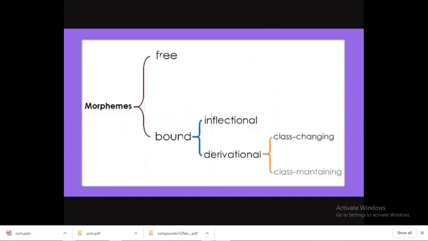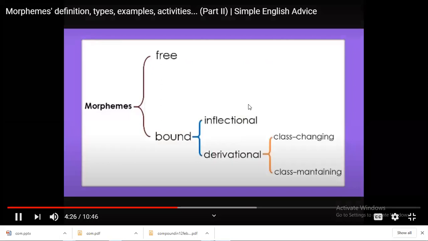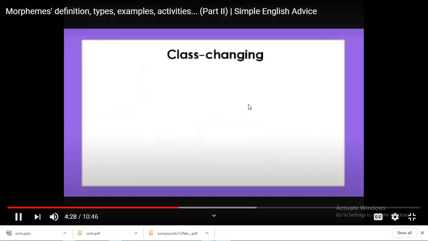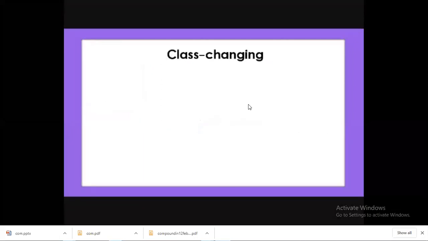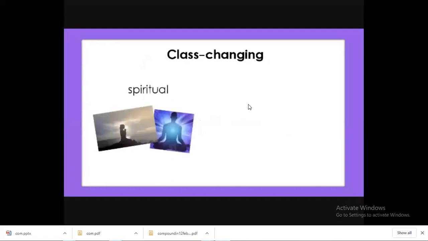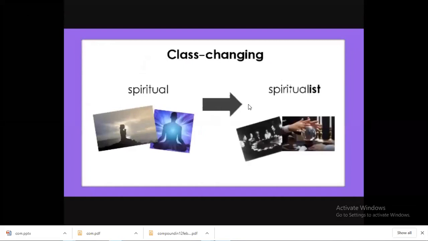Class maintaining. They are those that don't change the function or class of the word. The word stays the same. However, it can change the meaning of the word, and it does. Spiritual is something related to religion or concerning the soul. Spiritualist is now a person who is interested in the spiritual world or belongs to the movement of spiritualism.